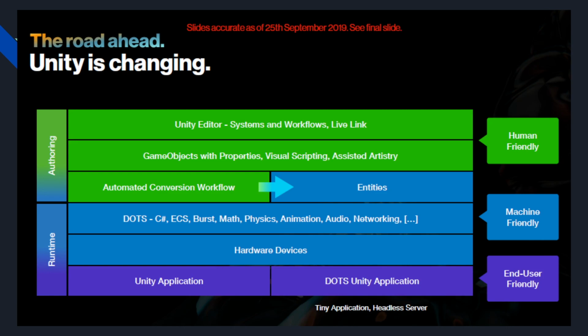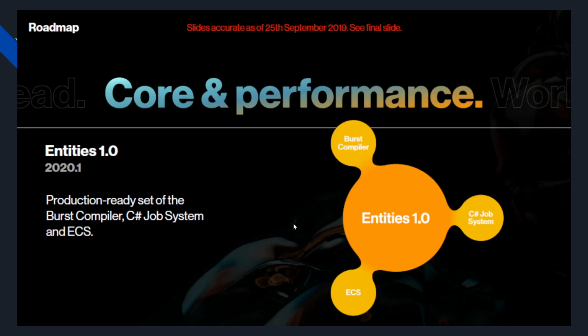So the animation system and the audio system are kind of on the back burner until after the 1.0 release. There is a netcode for entities that is working. The physics is active as well. There's Unity Physics and Unity Havok, which I think is here eventually.